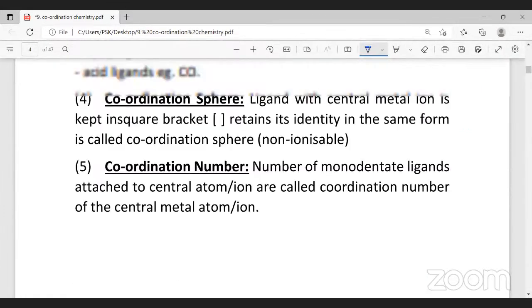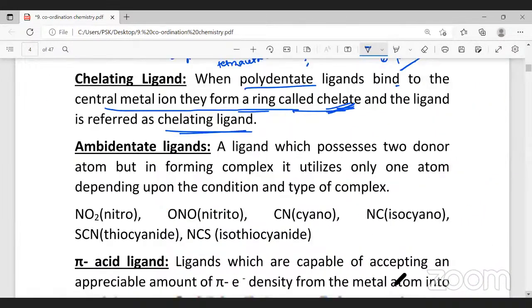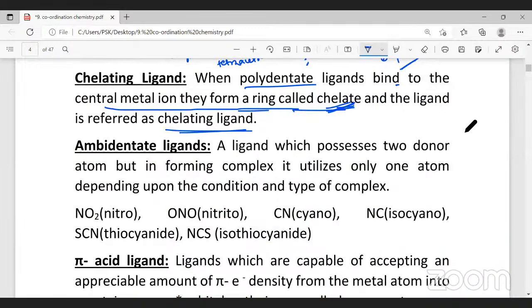Yes, sir. All right. The next thing we have is ambidentate ligand. Now, see here, I can write NO2. I can write ONO. NO2, my nitro, and ONO. See, the molecular formula in both the cases is the same.